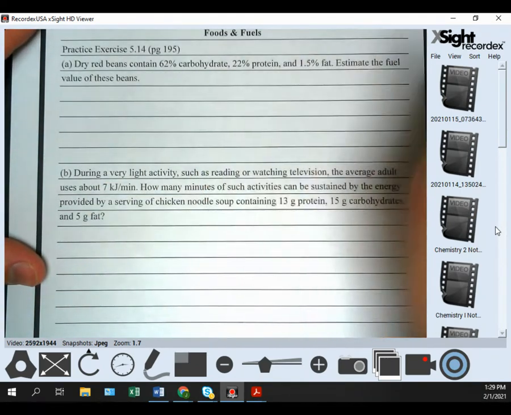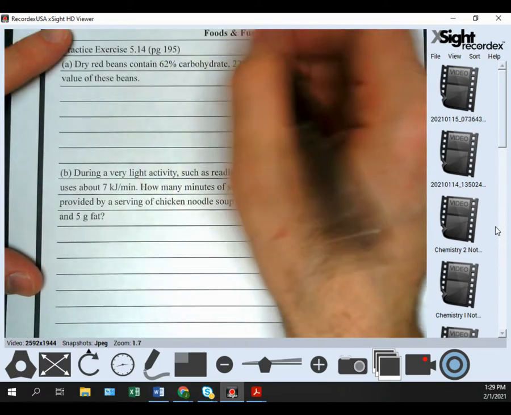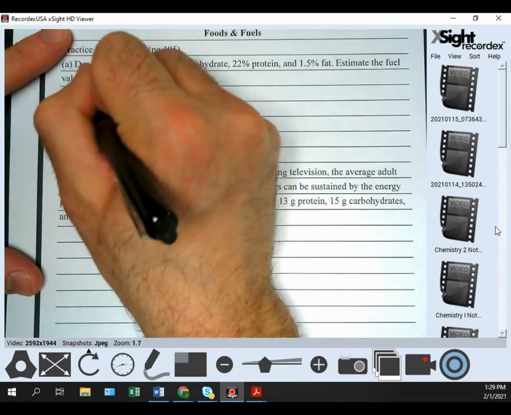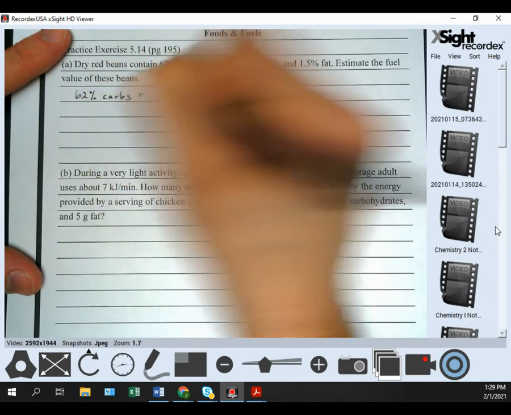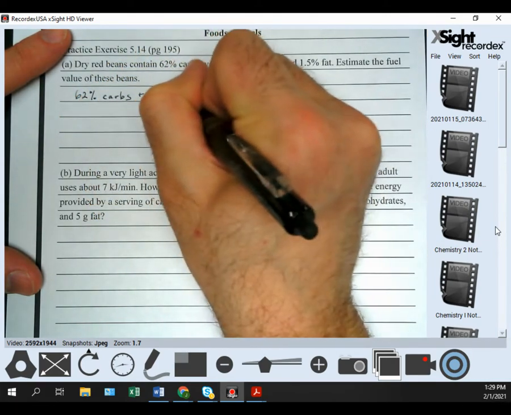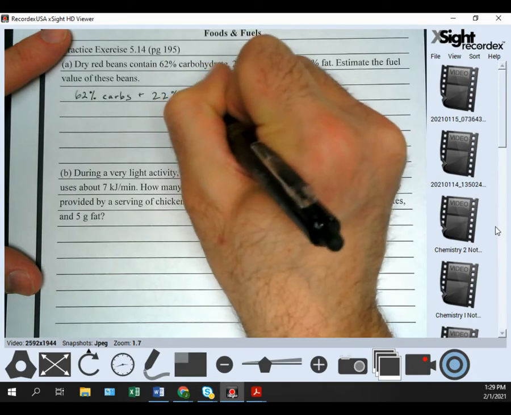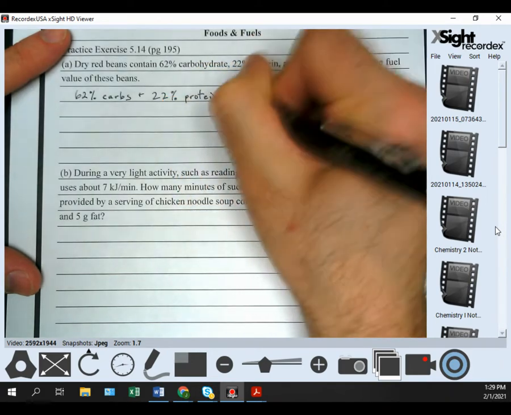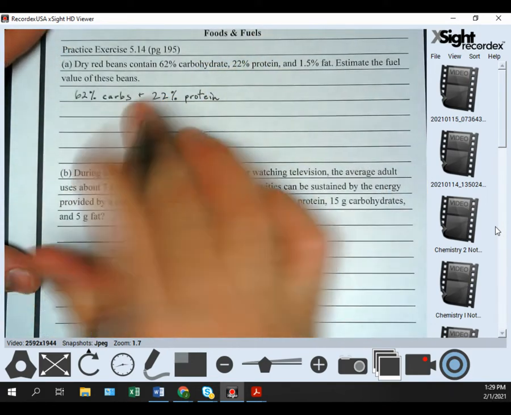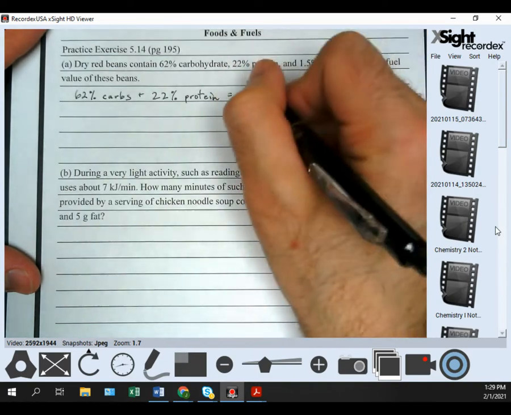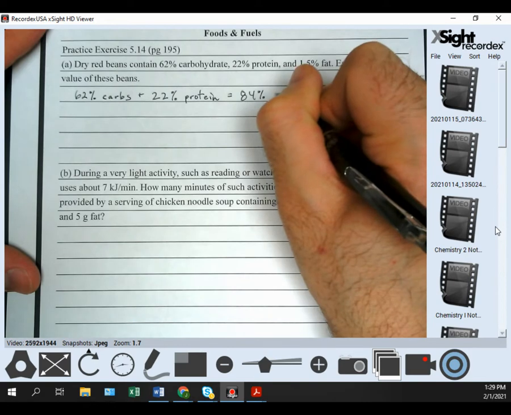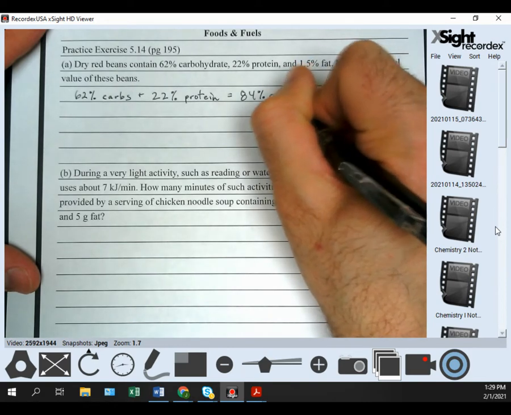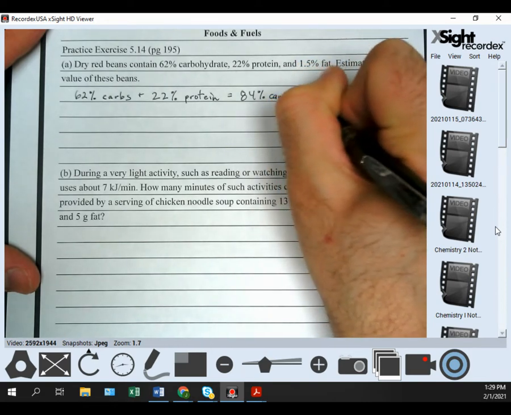I didn't do it on my original, but 62% carbs plus the 22% protein. Because these have the same fuel value, we can combine those. So that's 84% carbs and protein, right? Okay.